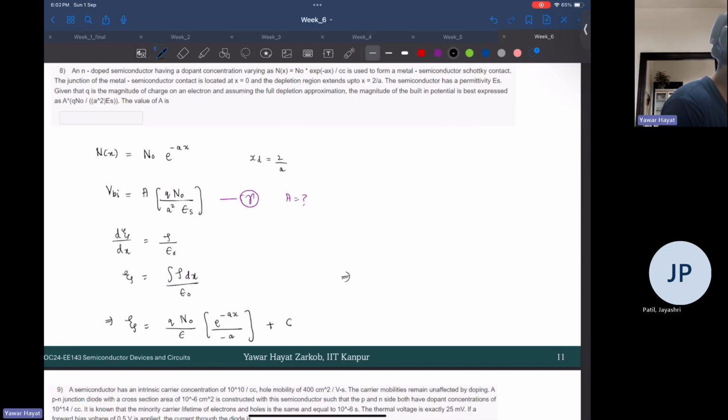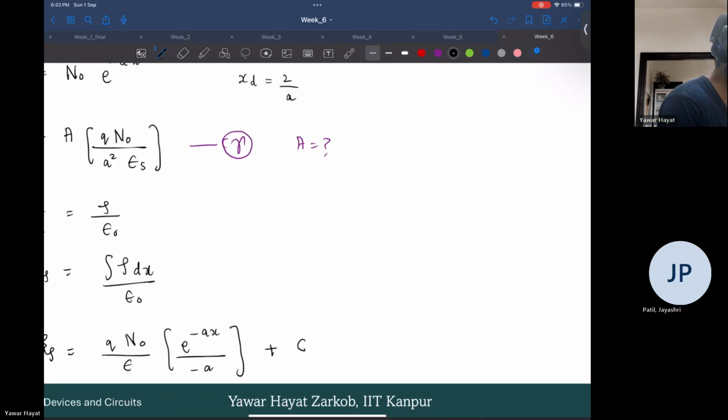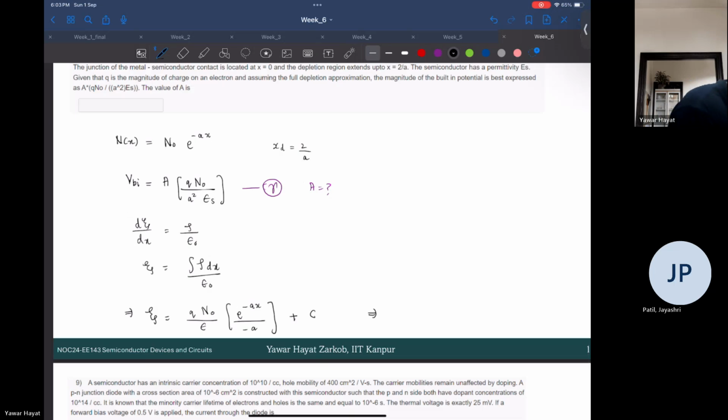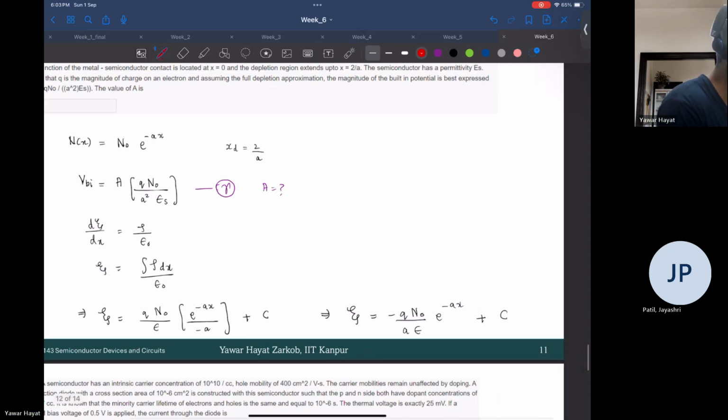This implies electric field is equal to minus q n0 whole divided by a epsilon, exponential of minus ax plus c, right? And this is one thing that we obtained.